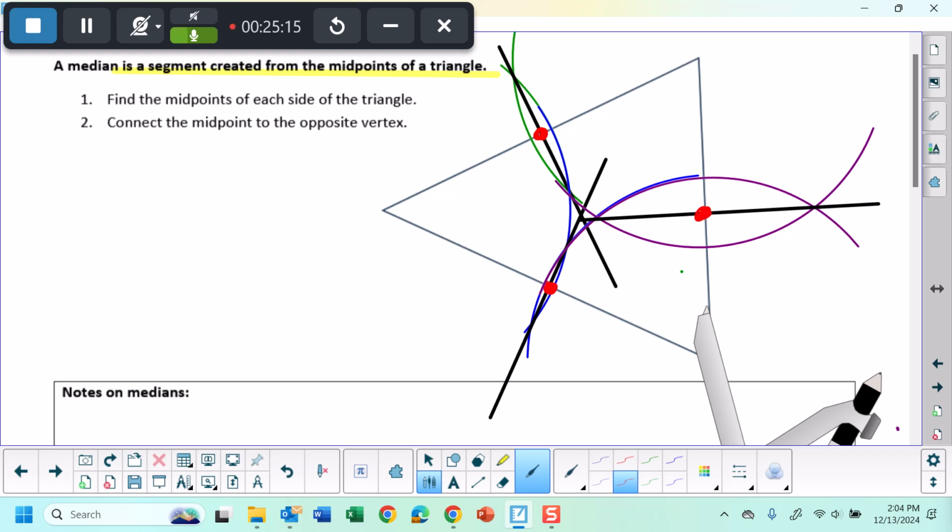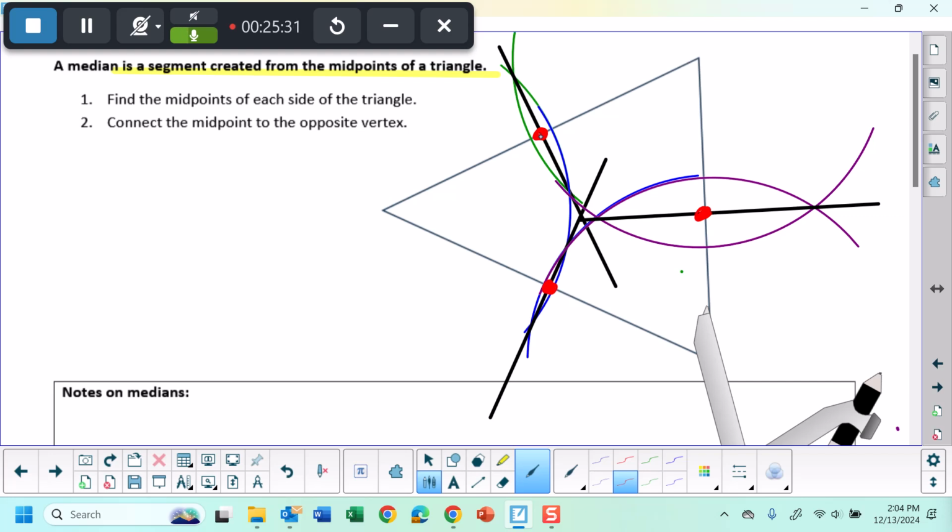The only way to get the midpoint is to do a perpendicular bisector. I don't care about those black lines at all.